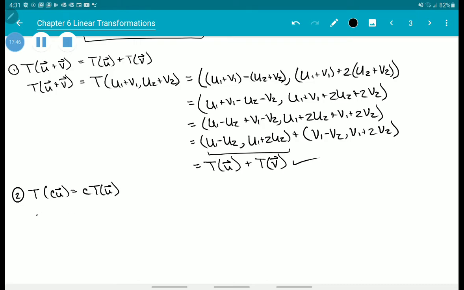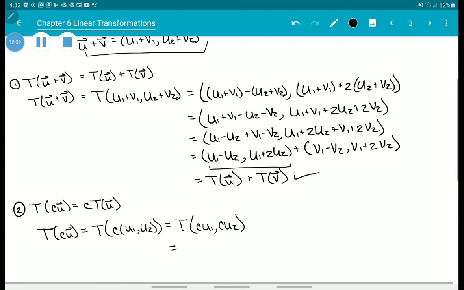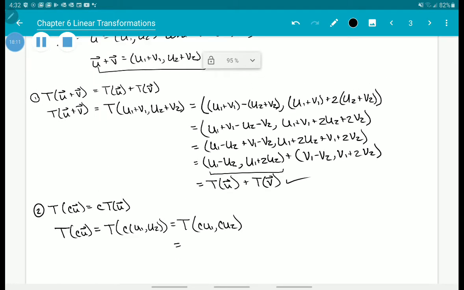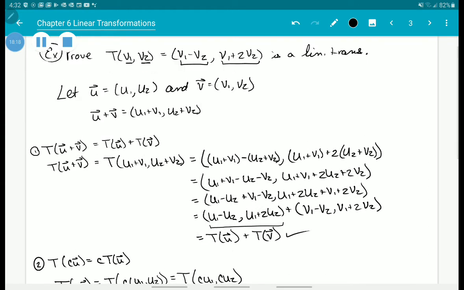So let's start with T of cU. I like to draw what that's going to look like. U is (U1, U2), so that would be T of (cU1, cU2). Now we're going to apply that definition. I'm going to go back up here so we can see it a little better.